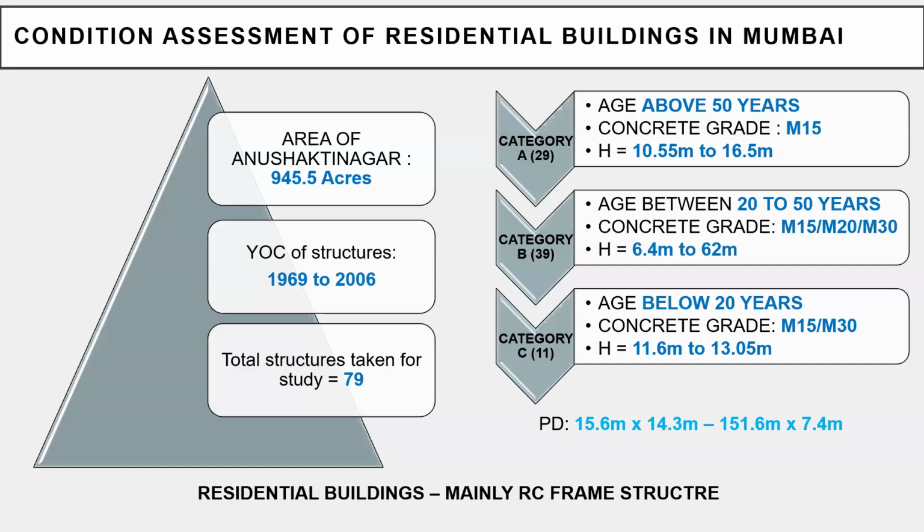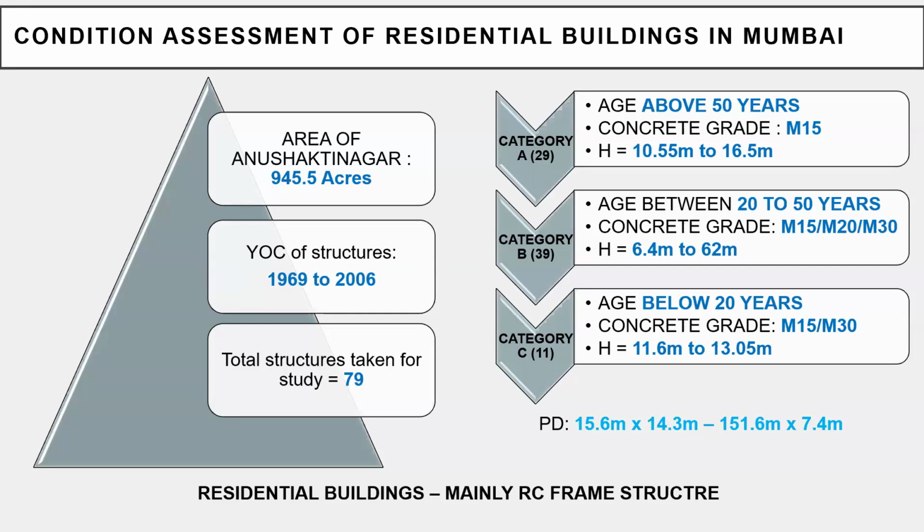For category B structures, the age is between 20 and 50 years, and concrete grades involved are M15, M20, and M30, and height varies from 6.5 meters to 62 meters. There are 39 structures which fall under category B.